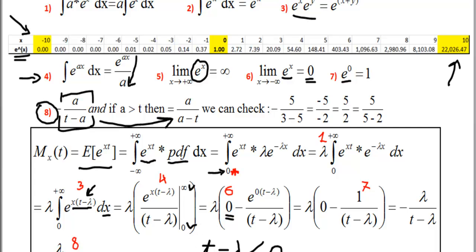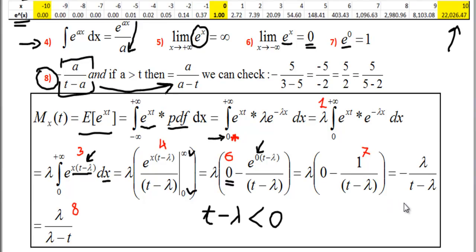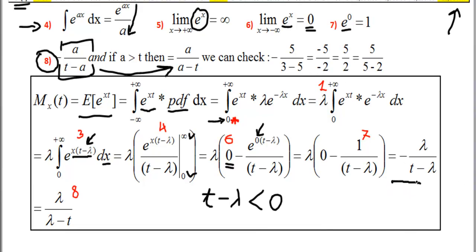Now let's take the lower limit of integration, 0. What happens if you plug in 0 into the power of the exponential function? Well, it evaluates to 1. It's property number 7. And therefore, our whole expression evaluates to negative lambda divided by t minus lambda.